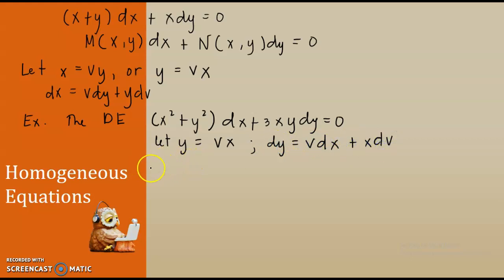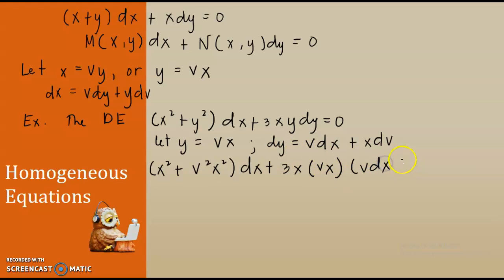Therefore we have, change your y into vx. We have x squared plus v squared x squared dx plus 3x, and your y, change your y into vx, then your dy is v dx plus x dv equal now to 0.